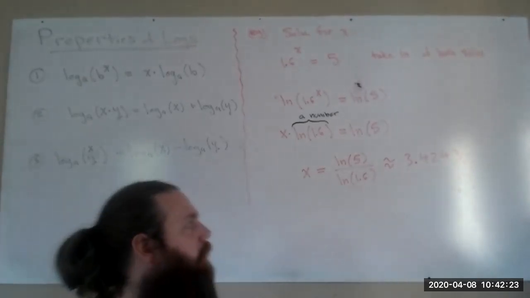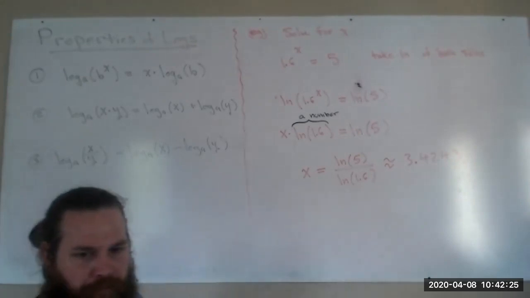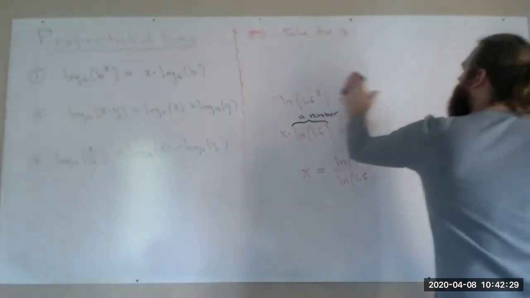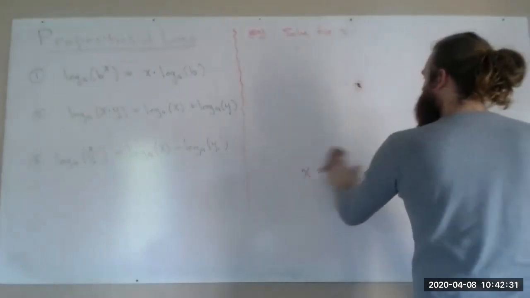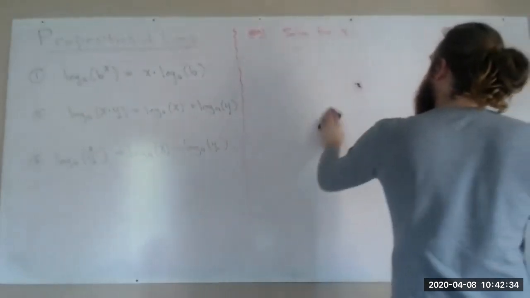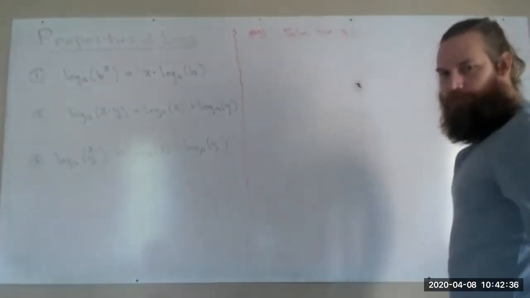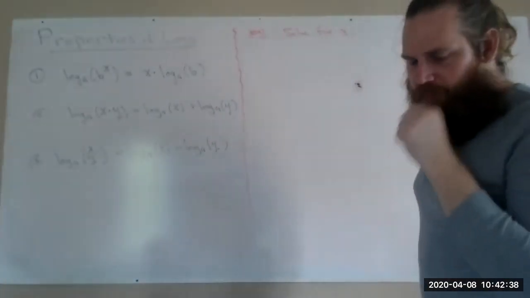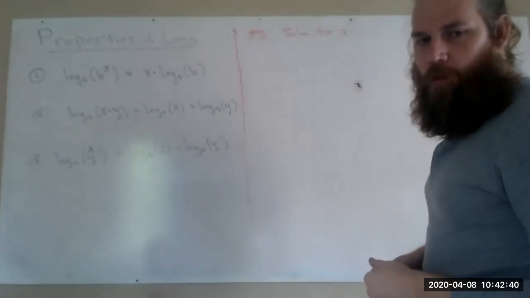Okay, so the last kind of clean, simple example I have for you here is an all-new type of equation. The 17th problem in your current homework looks like this.